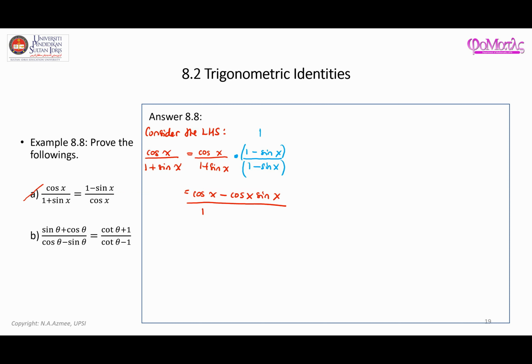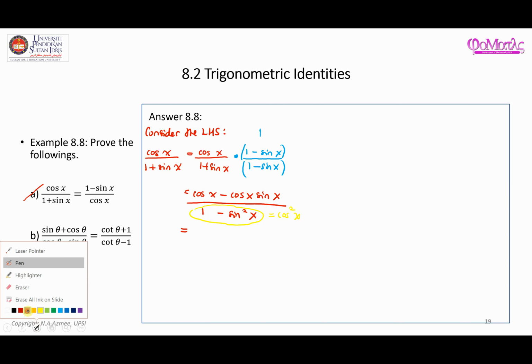Next, sine x times negative sine x will be negative sine square x. I hope you can see that 1 minus sine squared x is an identity. You can use the trigonometric identity where this will be equal to cosine of x squared. This is the usual trigonometric identity which we have seen many times.